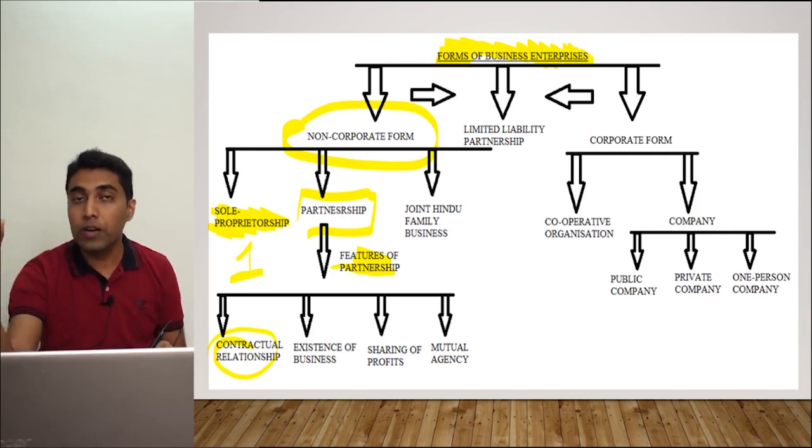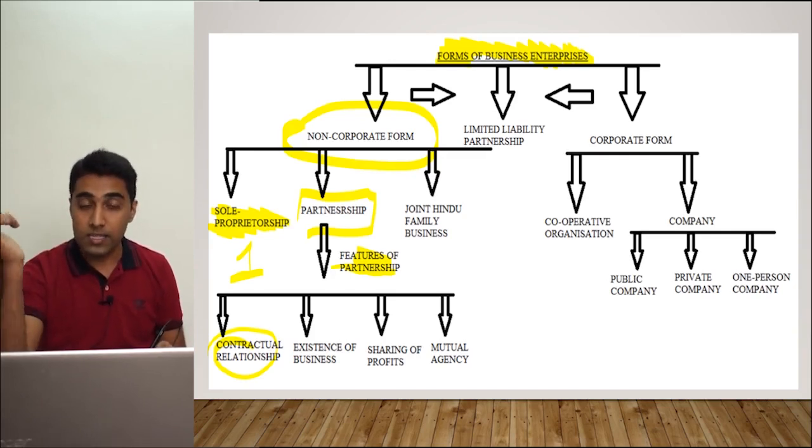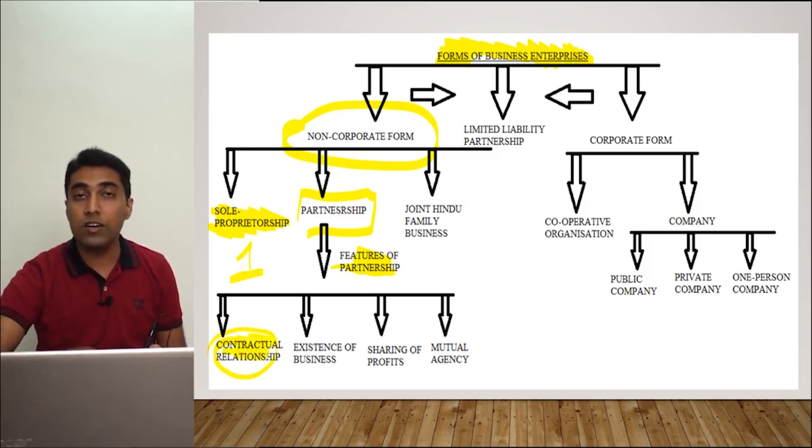When two people agree upon something in the same sense, at the same time, for a particular consideration, we say there is a contract. Similarly, in company law, whenever there is a contractual relationship, we can say that a partnership has emerged. So for partnership, which is the act? The Indian Partnership Act, 1932.